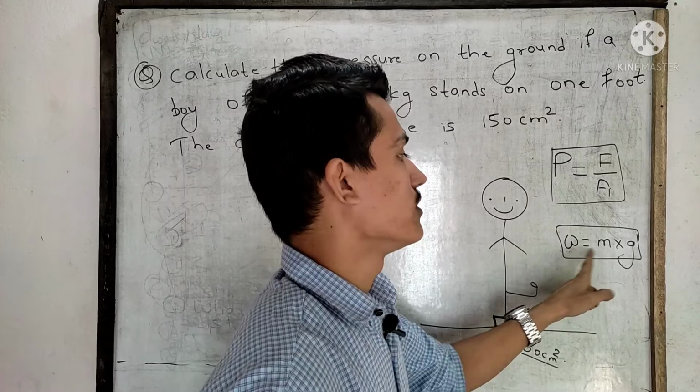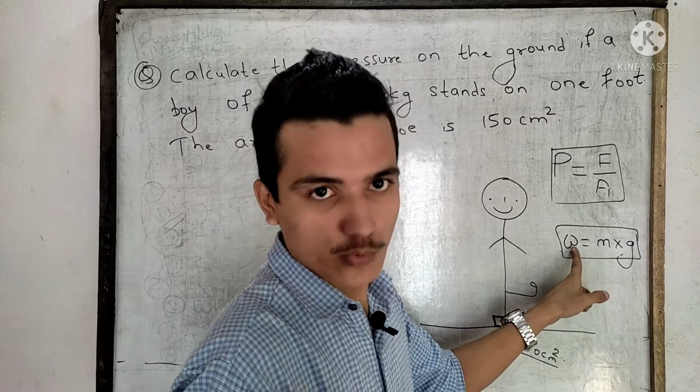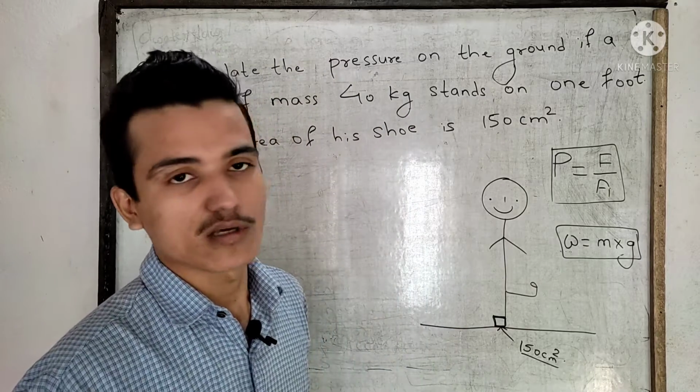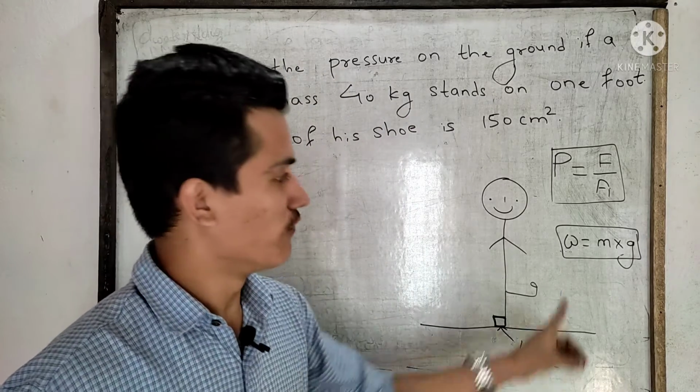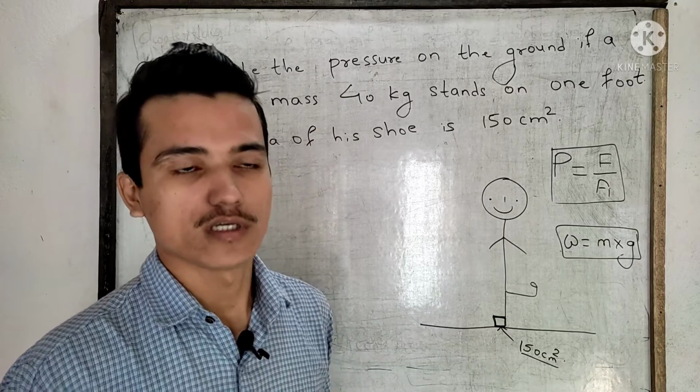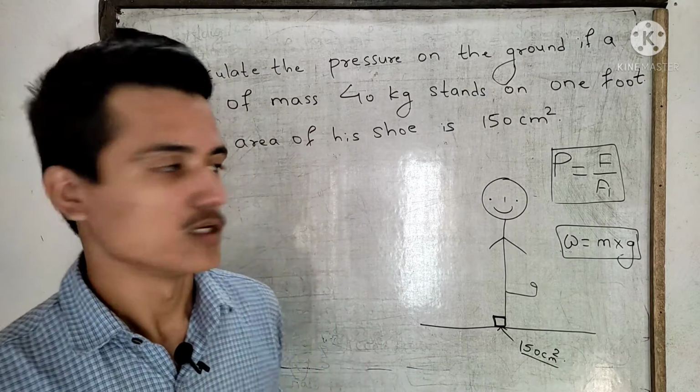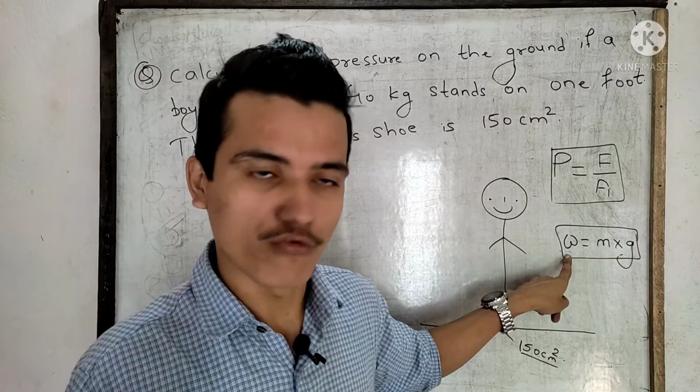In this way we can convert this mass into weight, and we know that this weight is nothing but the force. Weight is the force with which the earth pulls any body towards its center.